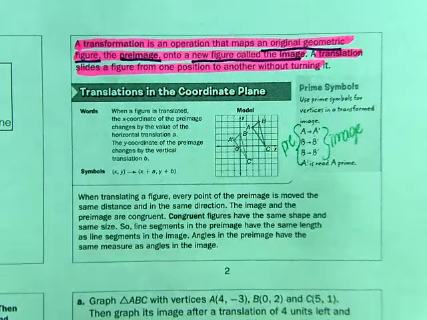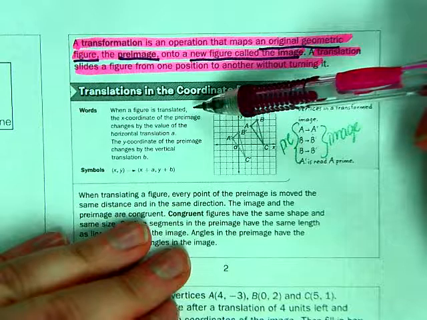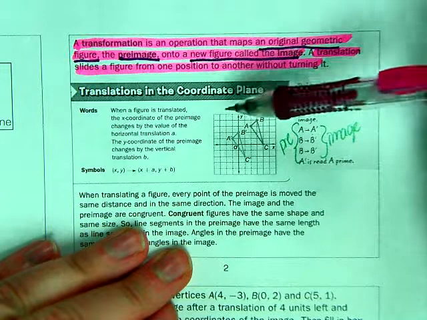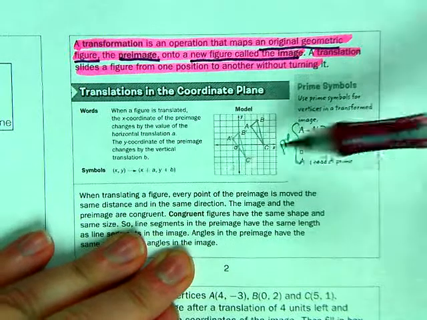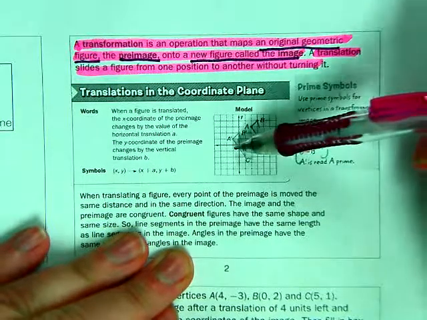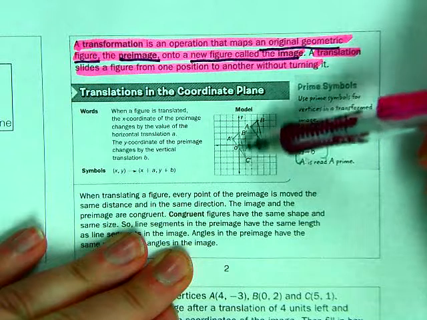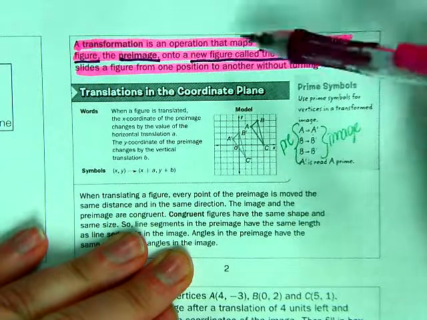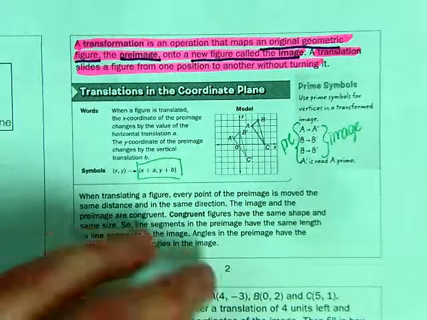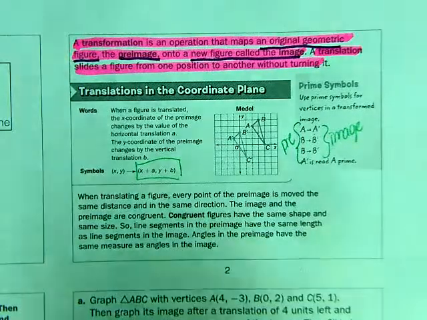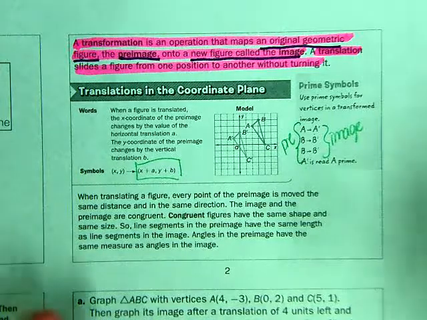When a figure is translated, the x-coordinate changes the value on the horizontal axis. That makes sense because it goes on the horizontal axis. And the y value, when translated, moves it up and down on the y-axis. This is called translation notation, and we usually put numbers inside of that. You'll see one of those on your homework.